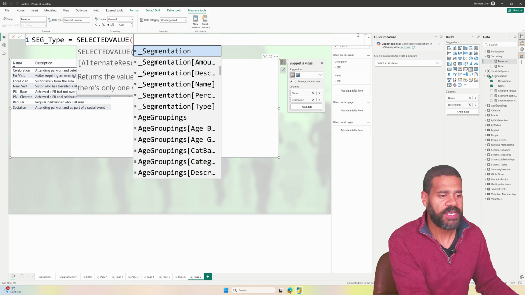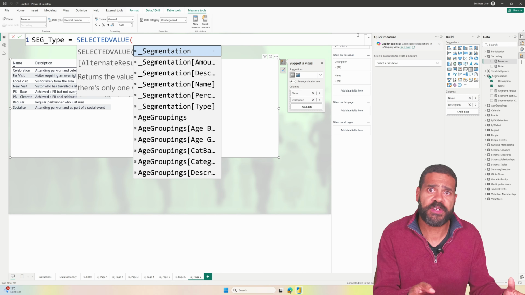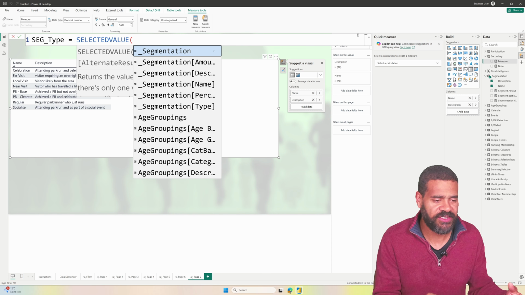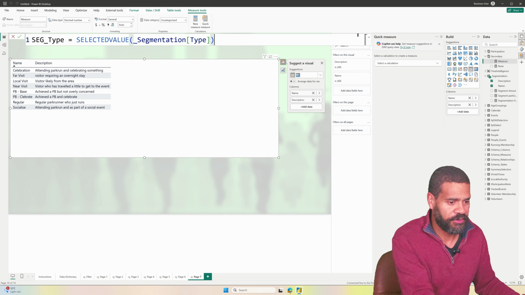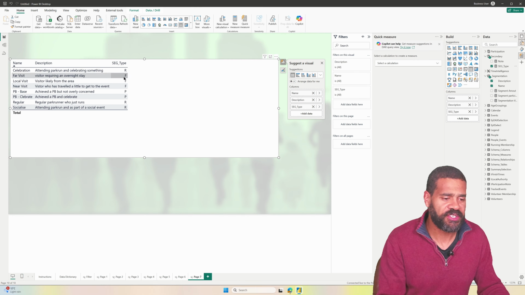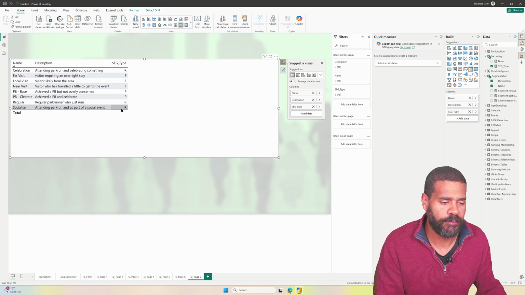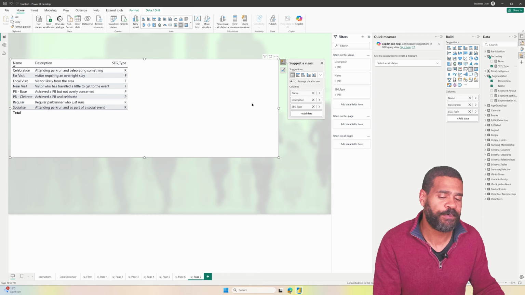Selected value will return the value that you've got here that meets all the filter criteria, all the context criteria to get to something. So we're going to pick segmentation type, close brackets. Then we can drop that on there, and you can see we've got this R, F, P, and R, so regular, first time, or PB.